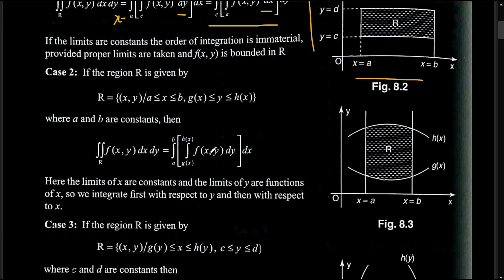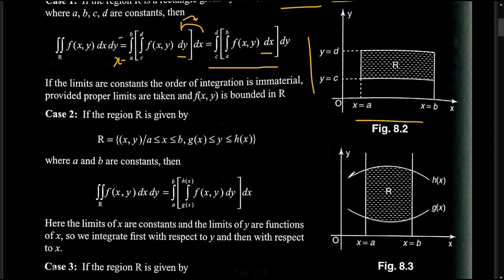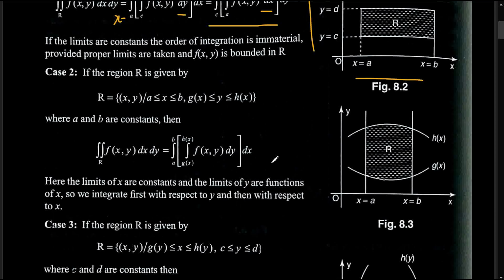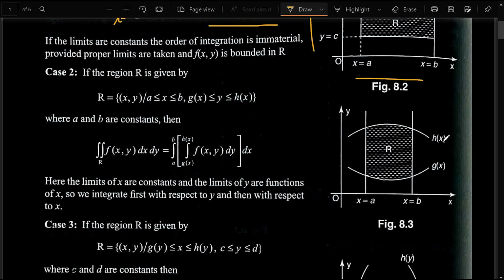Now the second case is a boundary region, a curve with some equations. So the limit will come as the equation of the curve itself. The equation of the curve is h of x and g of x, so now this integral will come like this. An important point is that g of x and h of x will be variables, like x square plus x plus 0, something like that.